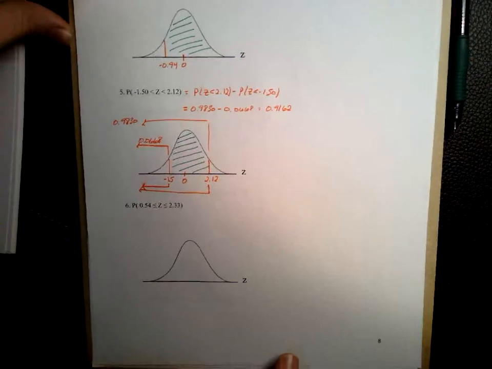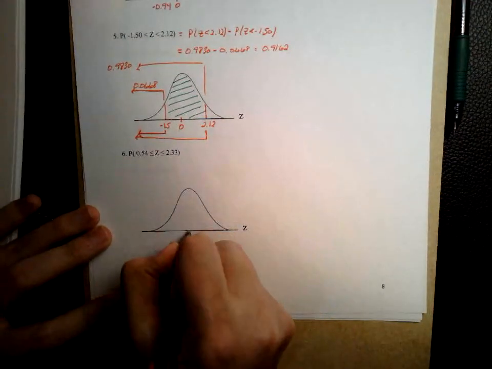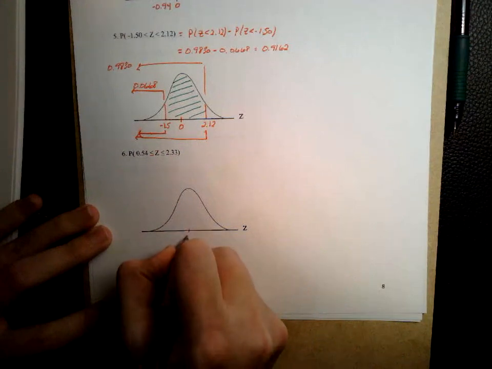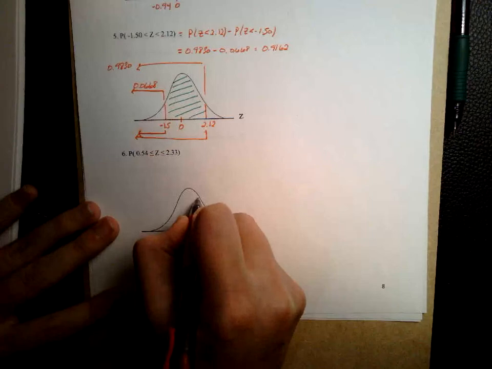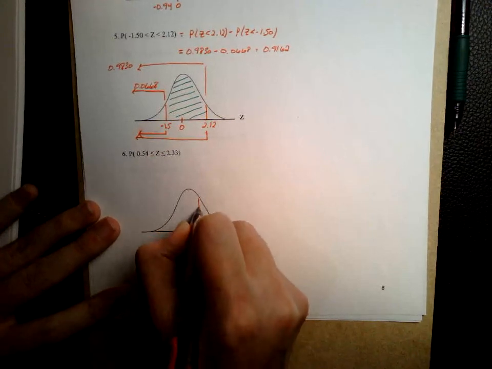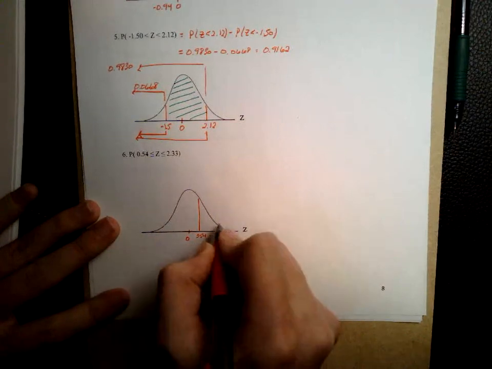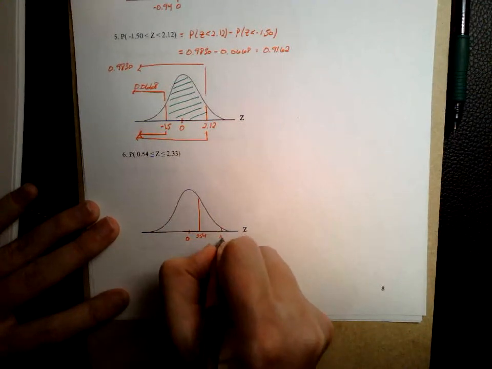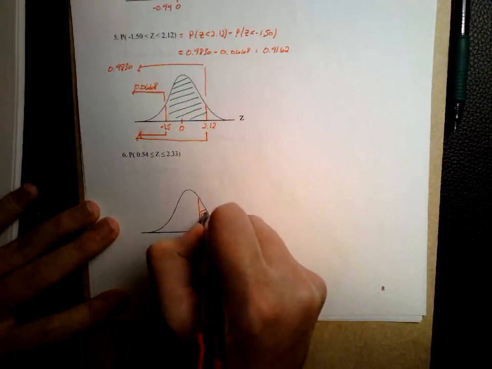Now let's look at another example using this same idea. It says the probability of z being in between 0.54 and 2.33. So we'll say 0.54 is probably right here, and 2.33 is probably right there. And we want the area in between those two.